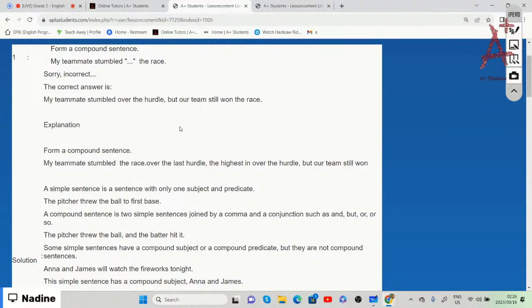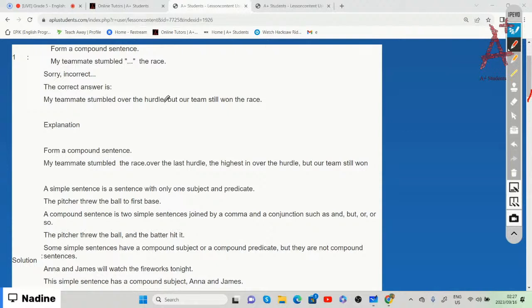So this is a compound sentence, and there we have but, which joins these two simple sentences, which are my team stumbled over the hurdle and our team still won the race. So the word but is there as the coordinating conjunction to join these two sentences.